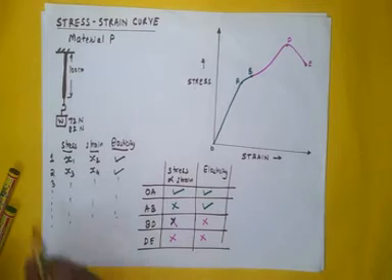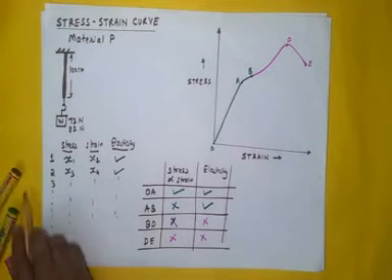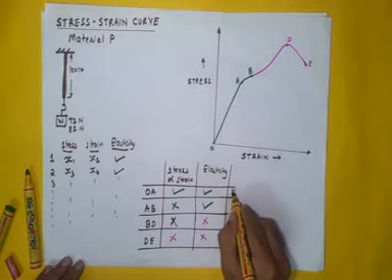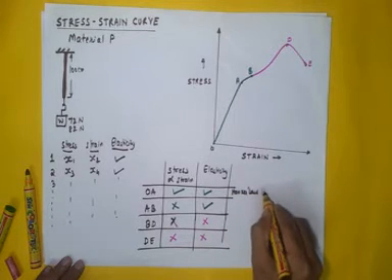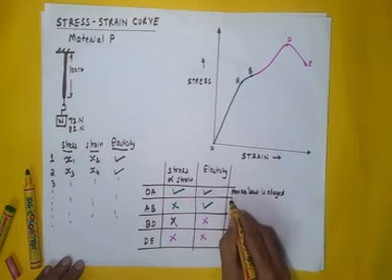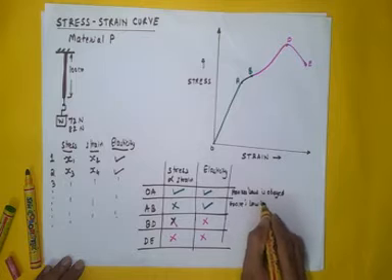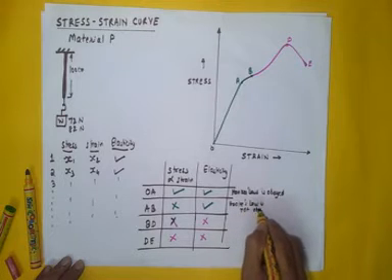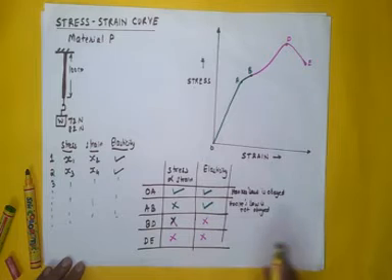So in the proportional part, Hooke's law is obeyed. In this case, they are not proportional, so Hooke's law is not obeyed. And the property of elasticity is shown over here.